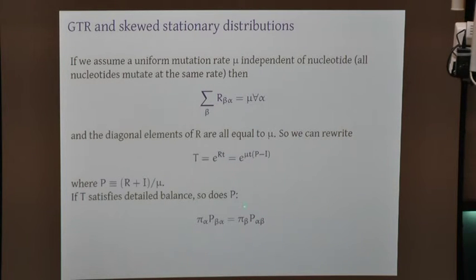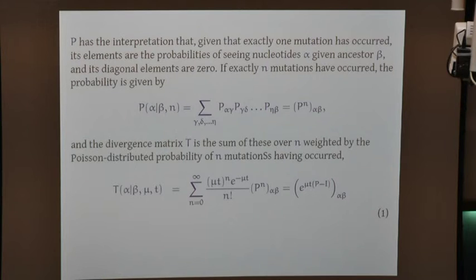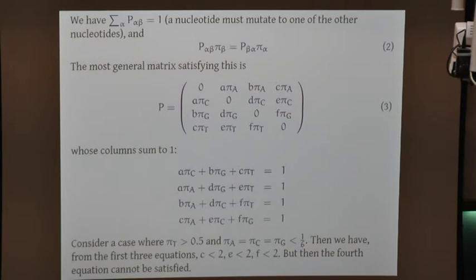You can write that as the probability of seeing this given that no mutation has occurred, or given that one mutation has occurred, which is P, or given that two mutations have occurred, which would be proportional to P squared, and each factor weighted by the Poisson distribution. If you calculate that, you exactly get this formula. You can also show from this formula that if T satisfies detailed balance, so must P. So basically, that's the interpretation of P.